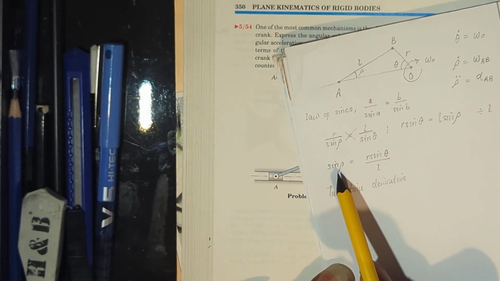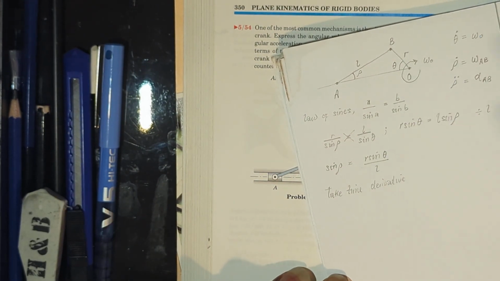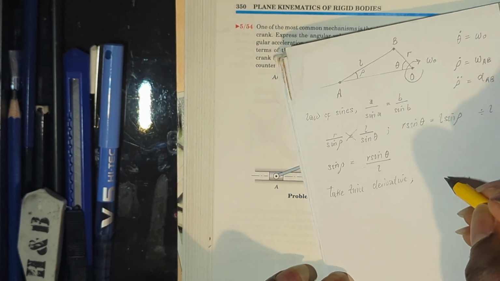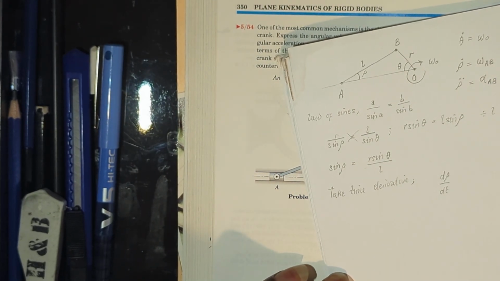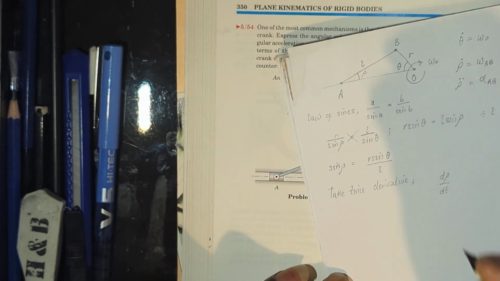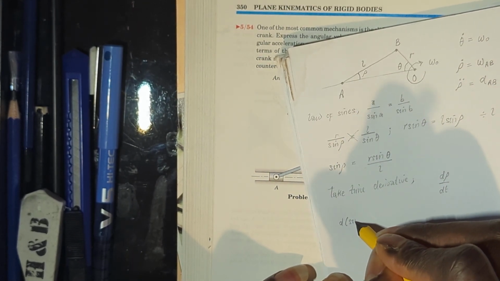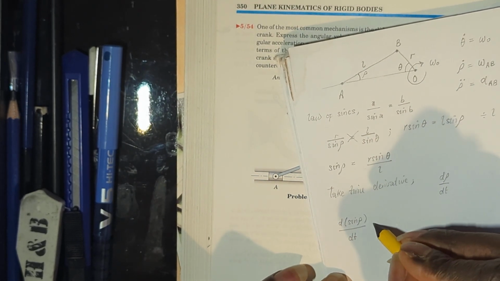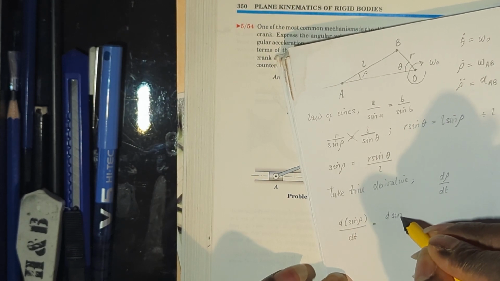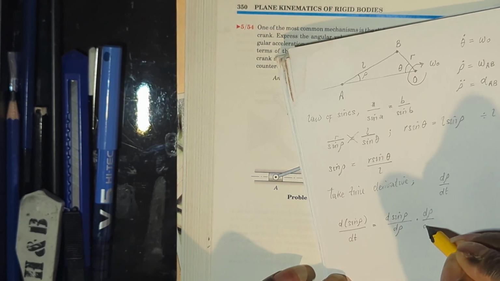I'm looking for the time derivative of rho, and I have a function of rho, so we use the chain rule. d sine rho over dt: this function depends on rho and rho depends on t, so it is d sine rho d rho times d rho dt.